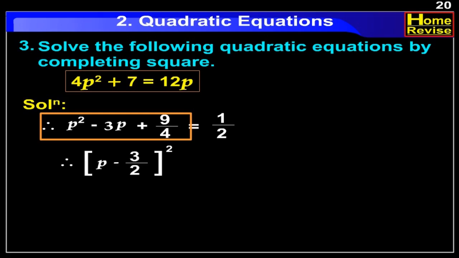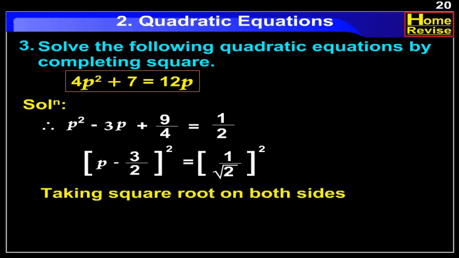Therefore, (p − 3/2)² = (1/√2)². Taking square root on both the sides, we get p − 3/2 = ±1/√2.